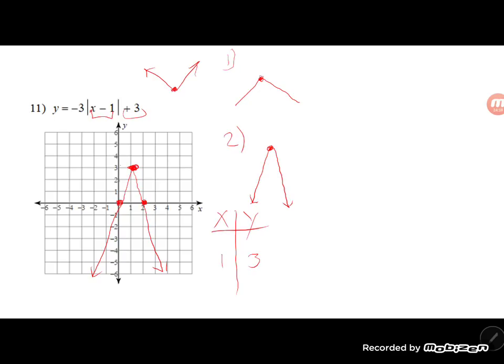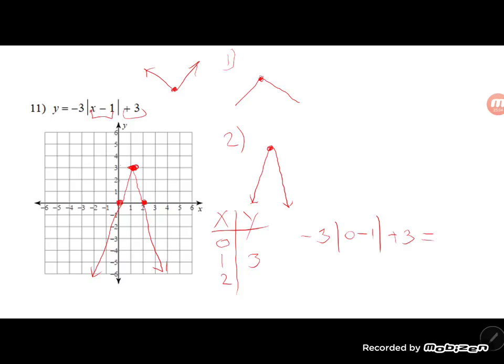Even on a test, you want to get every single question that you do right. If you're skipping questions because you think they take too long, that's bad practice. You always want to have some methods to do a question. You can plug in points around here to see what it's going to look like. I'll plug in 0, and that would calculate to -3 times the absolute value of 0 minus 1, plus 3.